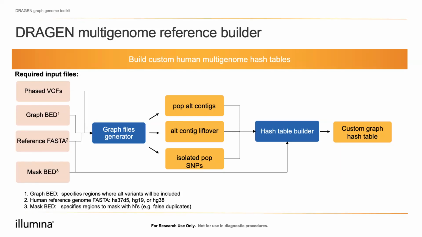So really it's this mask bed, the graph bed, the phased VCFs. There still is some level of expertise required to configure this multi-genome hash table. But essentially it takes in these inputs. The multi-genome file generator then generates the pop alt contigs, the alt contig liftover, isolated population SNPs, and then builds a hash table out of that, which then gives you your custom multi-genome hash table.